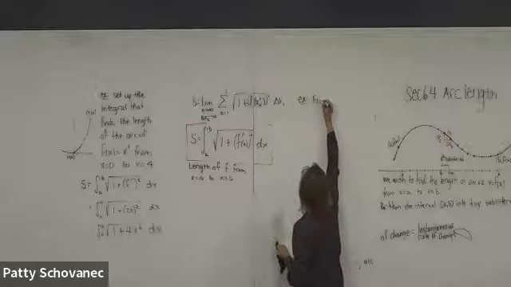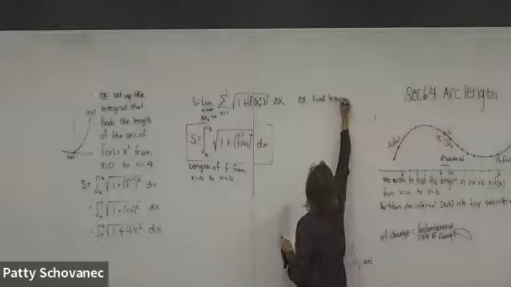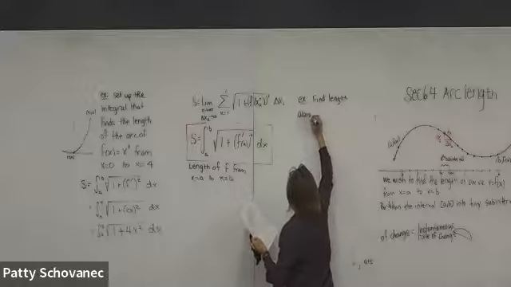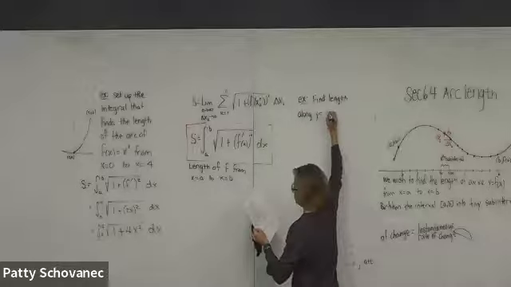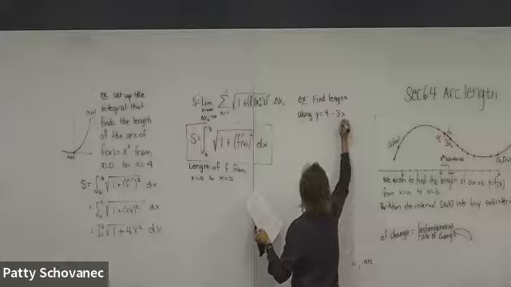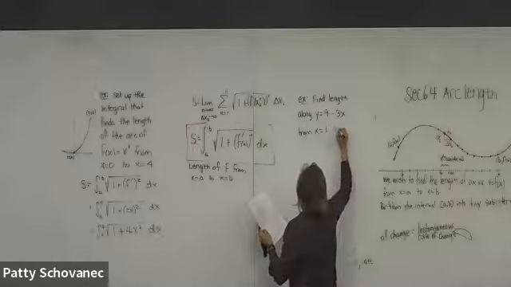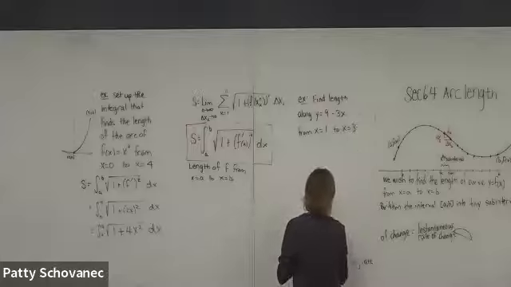Find the length along y is equal to 9 minus 3x from x is equal to 1 to x is equal to 3.